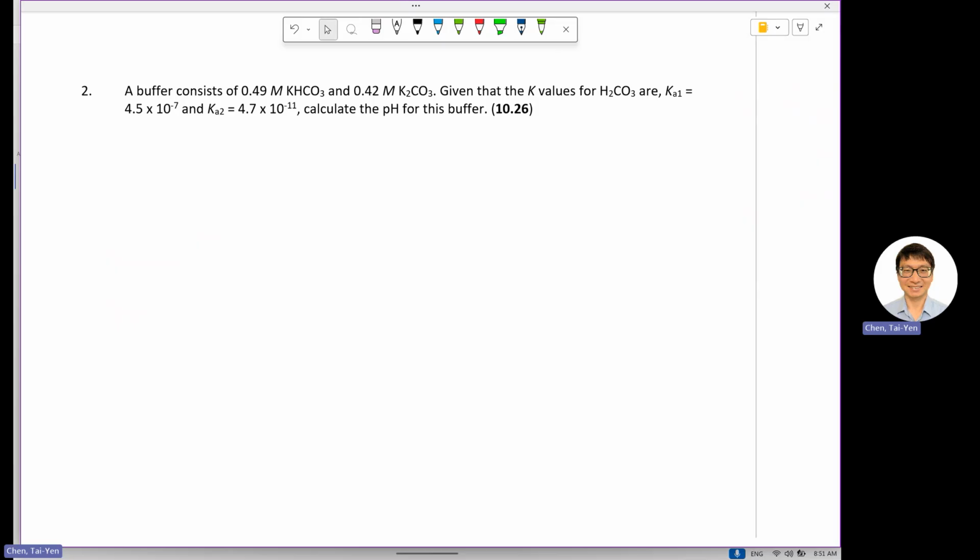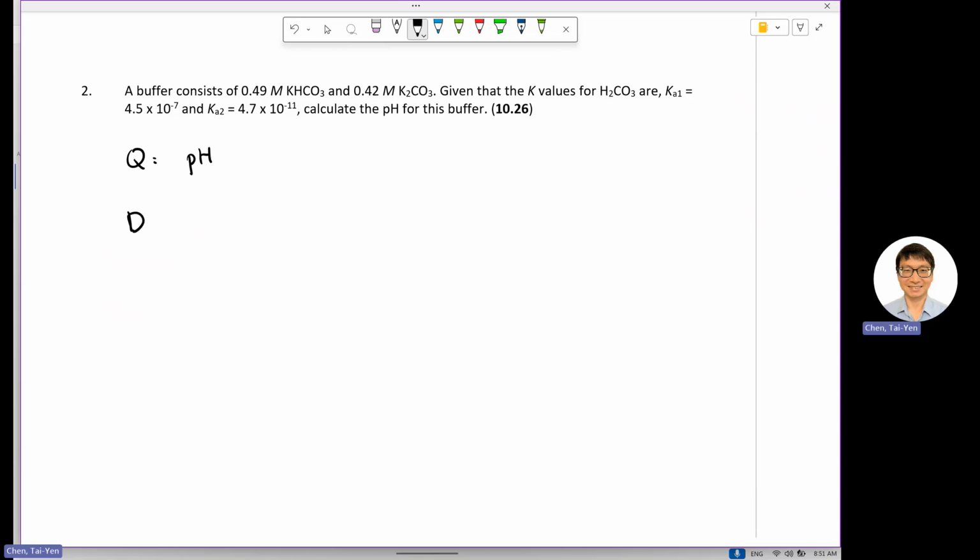So the keyword is very clear, right? It is a buffer. So you know the equation you use has to be the HH equation, right? The question is again the pH of your buffer.